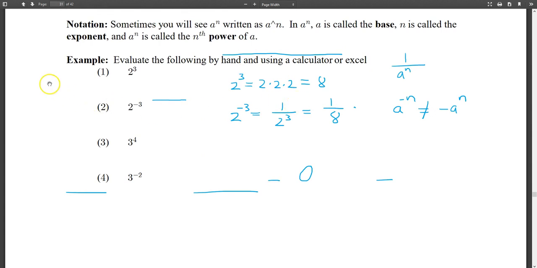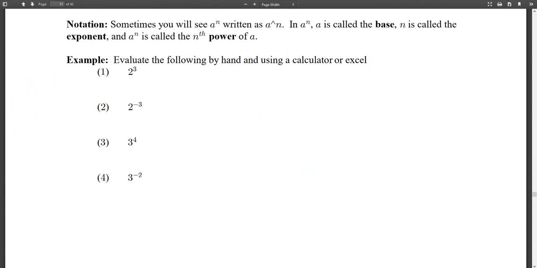We've already looked at 2 of these. We've already seen that 2 cubed is 2 times 2 times 2, so that is 8. And 2 to the negative 3 is 1 over 2 cubed. We already did that one. 3 to the 4th power would be 3 times 3 times 3 times 3.